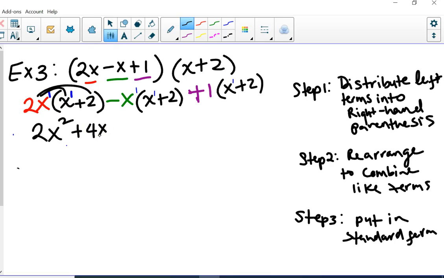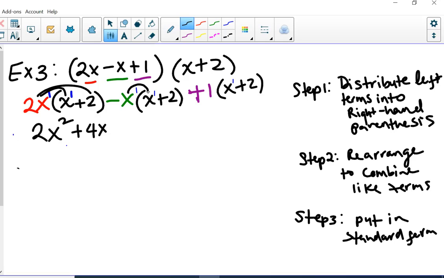We're done there. Next, you want to go to the minus x. It's important to remember to take the minus with you. When you multiply anything times a negative, it changes sign. Negative times positive is a negative, and negative times negative is positive, right?